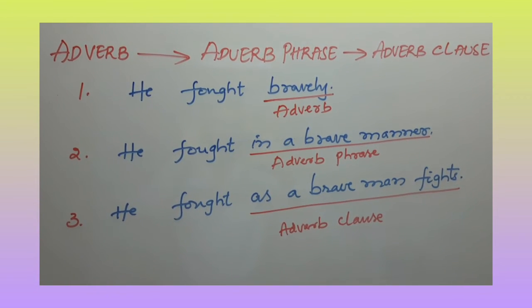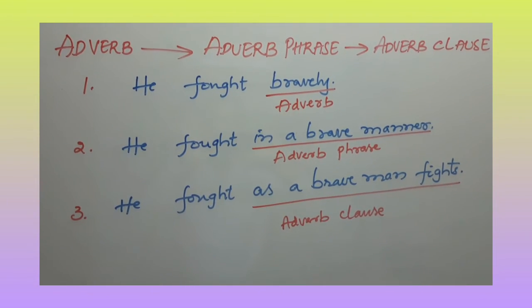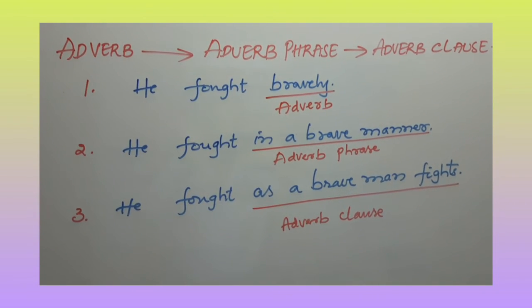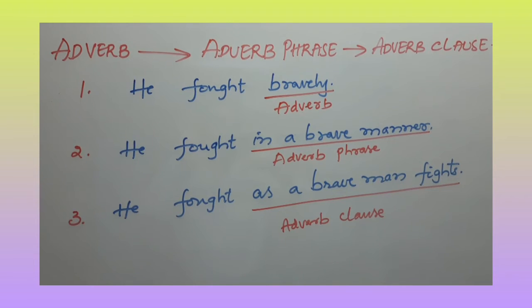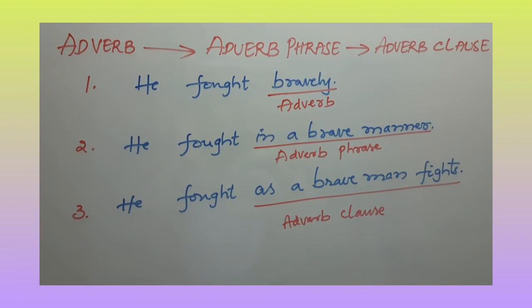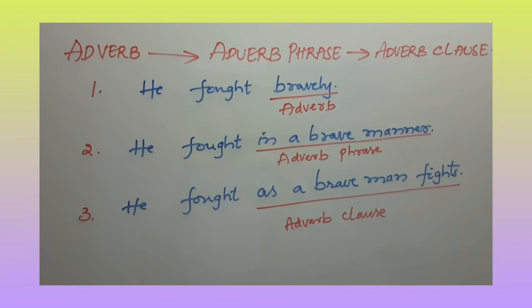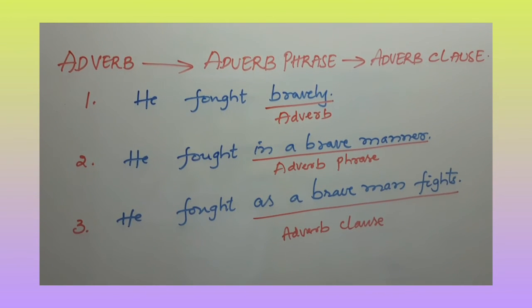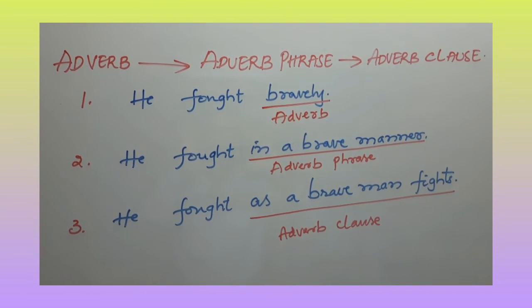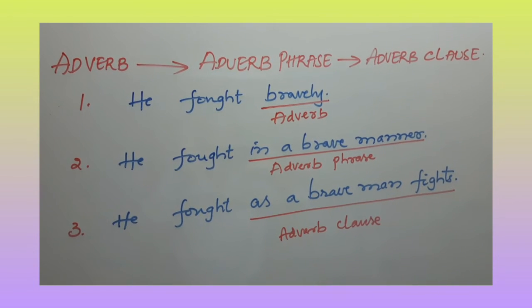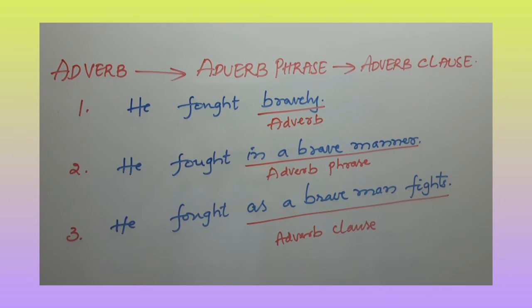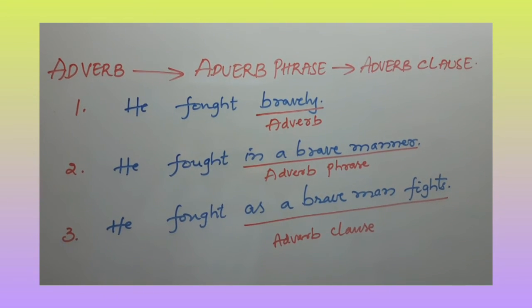Bravely is an adverb. Right. How to change it into an adverb phrase? In the second example, you can see he fought in a brave manner. Most of the adverbs that end with ly are manner adverbs.